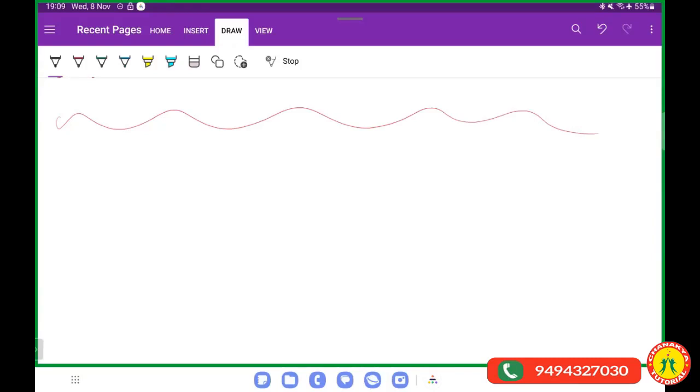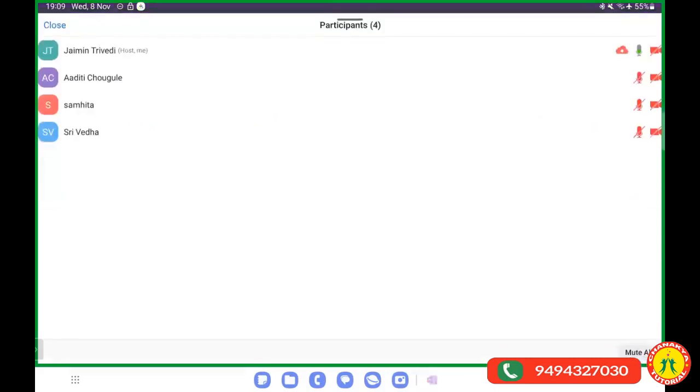Have you seen capacitor? I heard about the word, but I don't know what it is. Okay, 12th standard, come on, tell me. Samhita, Veda, what is capacitor? So it's a device which holds current inside of it.